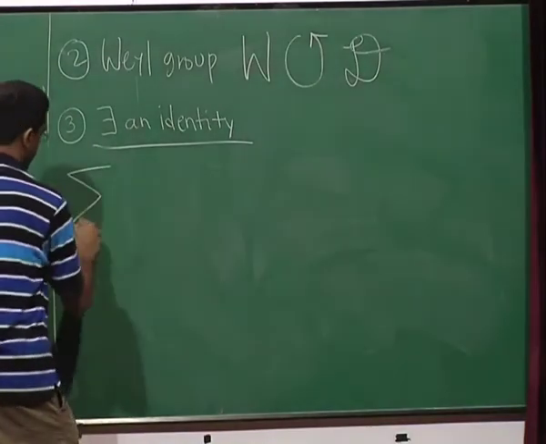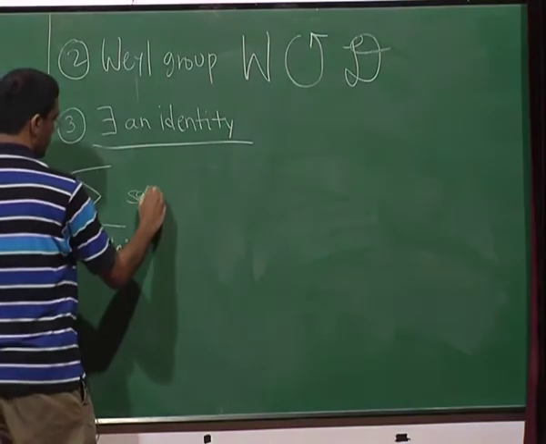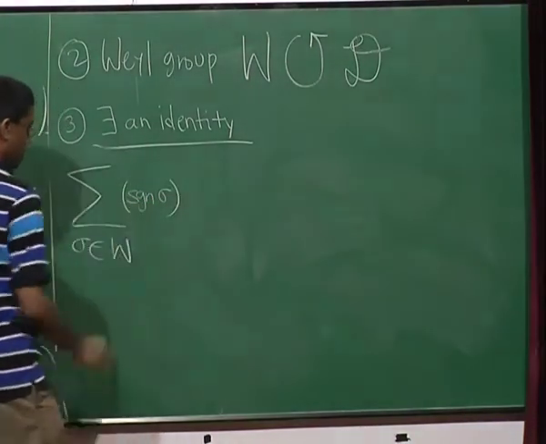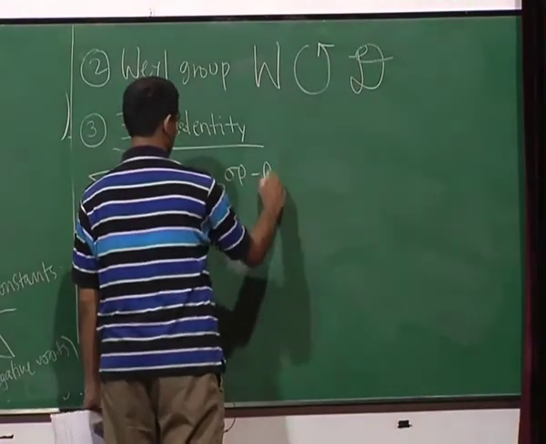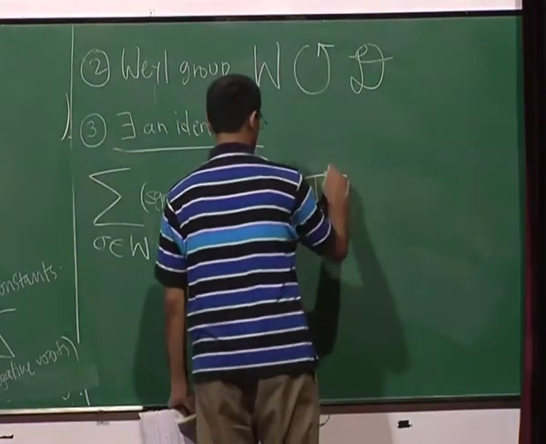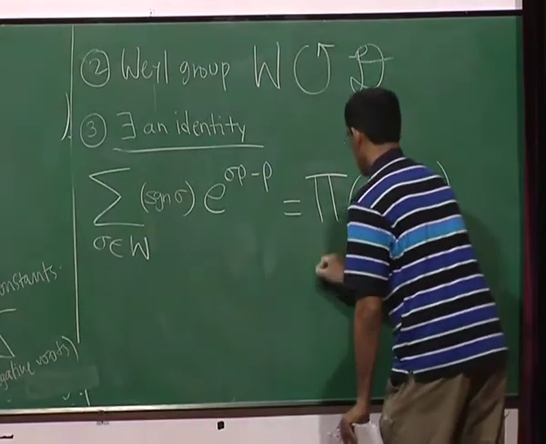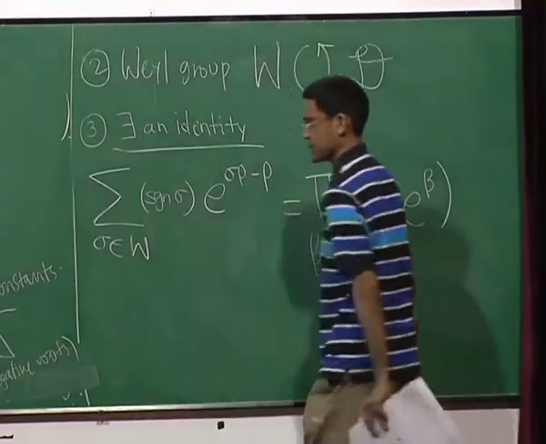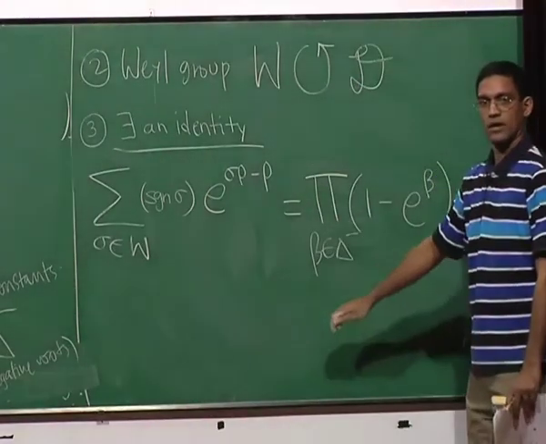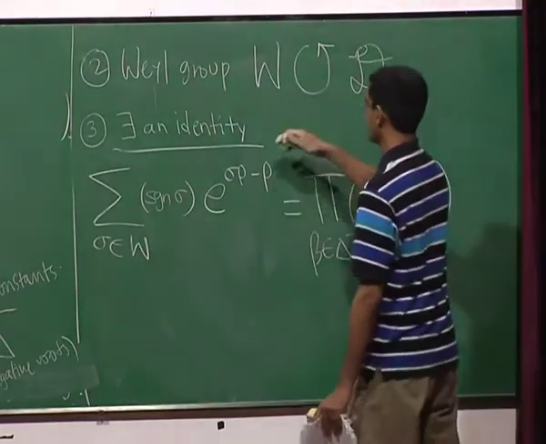It says you take a sum over this particular group W of sign sigma e to the sigma rho minus rho is the product of 1 minus e to the betas, where betas range over that set of structure constants. Notice I didn't say anything about rho. There is also a rho.